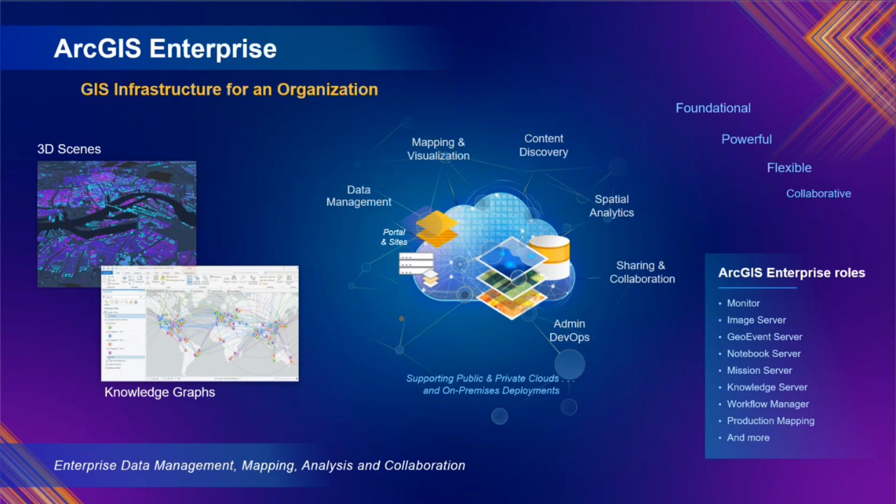So before going further, let's understand what ArcGIS Enterprise is, and what an end user is getting as an application. ArcGIS Enterprise is a platform where we have portal, server, data store, and web adapters, all combined. We implement this to get web applications. It could be a 3D scene, a 2D web application, or knowledge graphs.